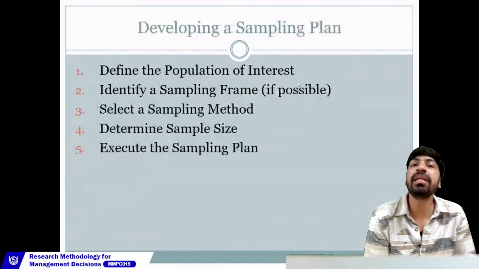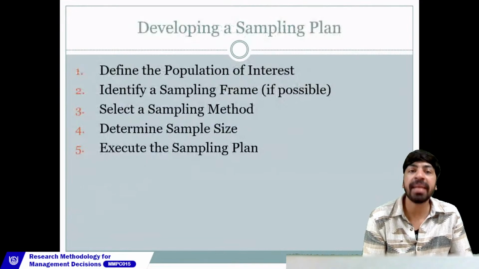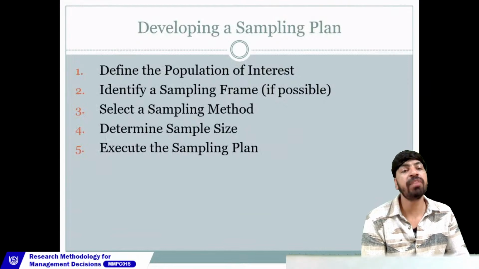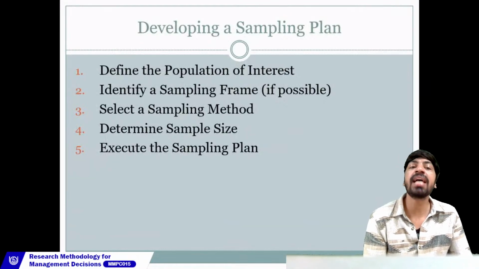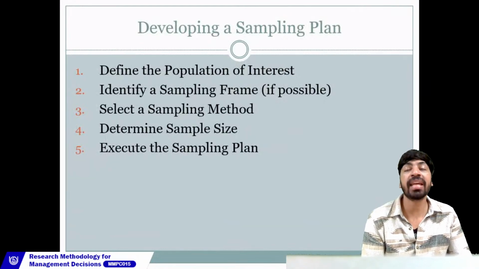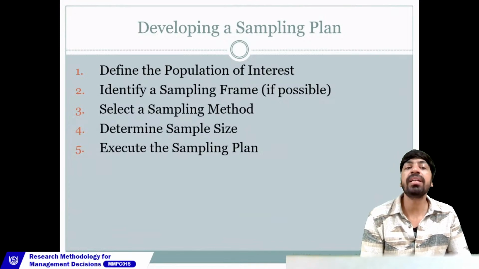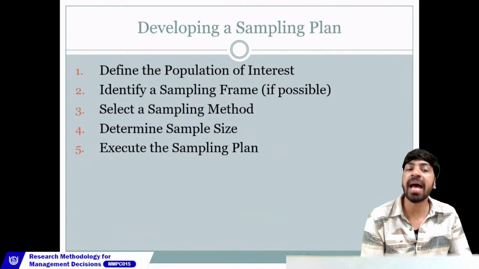Next, we talk about developing a sampling plan. So the first one is define the population of interest. Second one is identify a sampling frame if needed or if possible. Next one is select a sampling method.